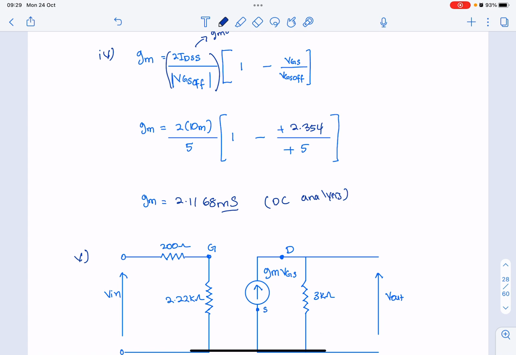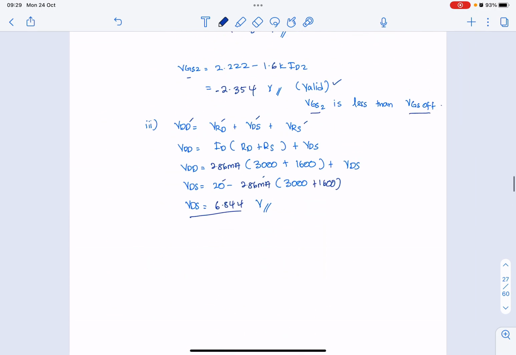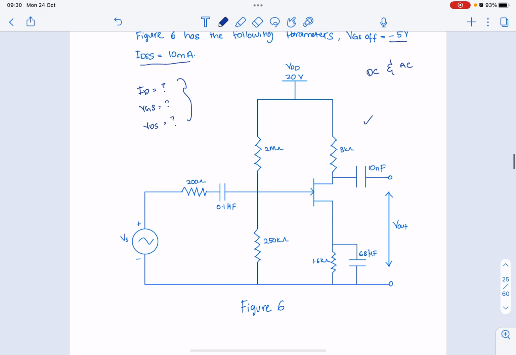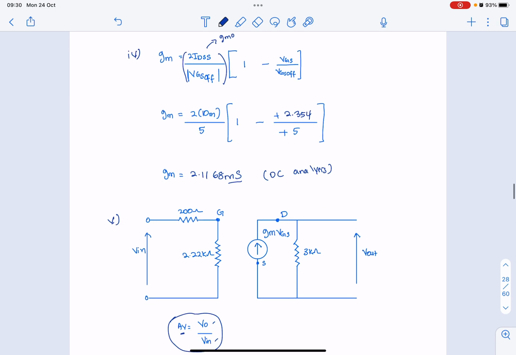Next, you need to find the voltage gain. Voltage gain is equal to V out divided by V in. In order to calculate this voltage gain, you need to convert this diagram into an equivalent circuit.